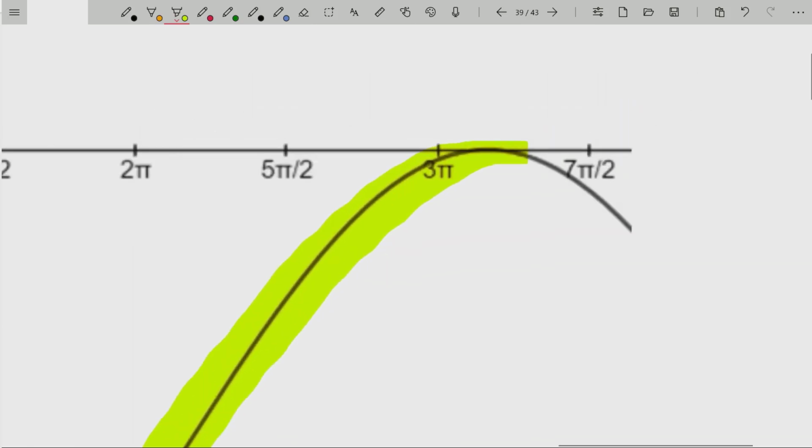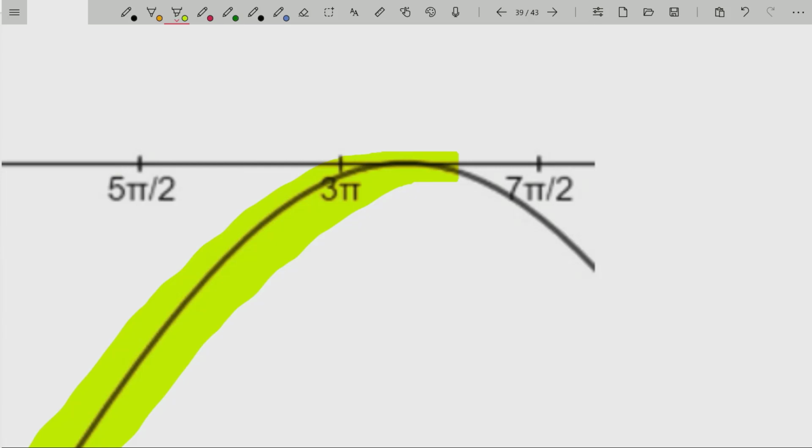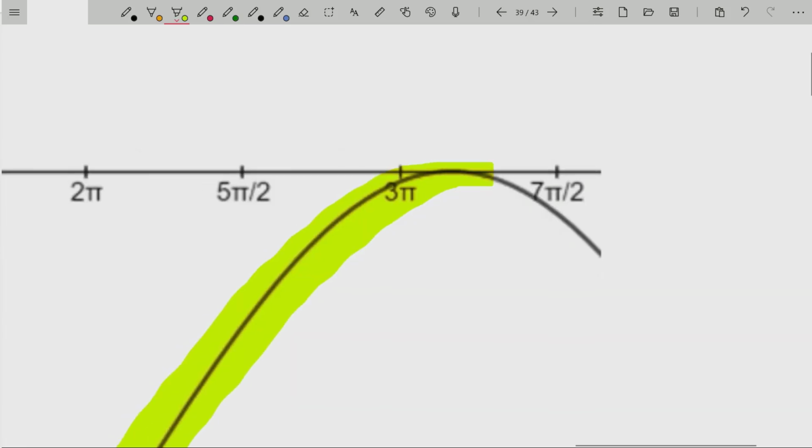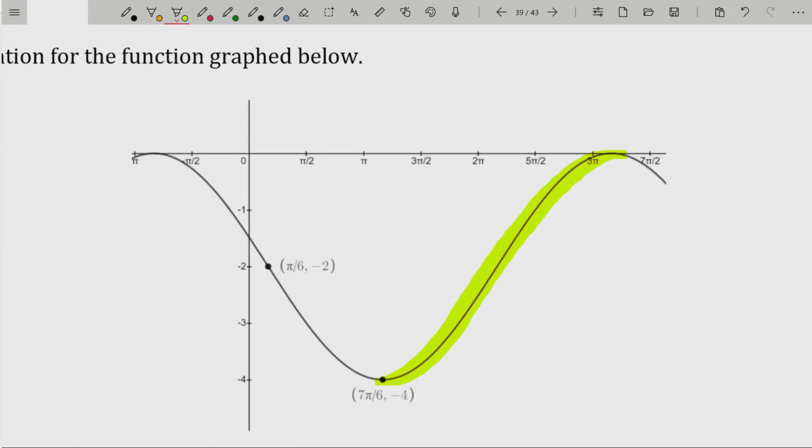Is it at, I don't know, 3 pi plus something? I have no idea what that x value is. So I have to use the points they gave me, and this just seems to imply that the sine curve starts right here. So I'm going to make that assumption that we have a sine curve.